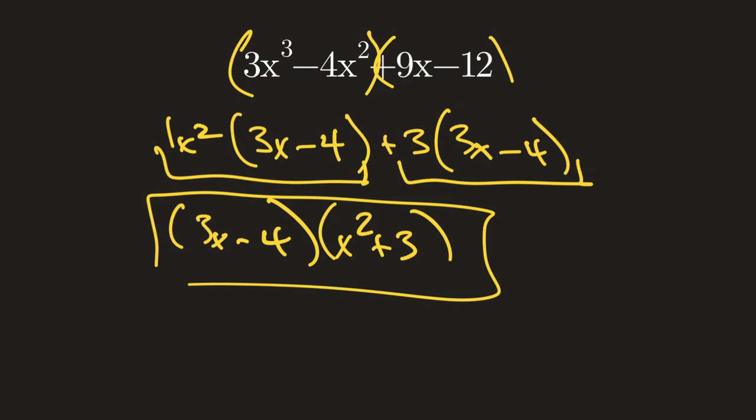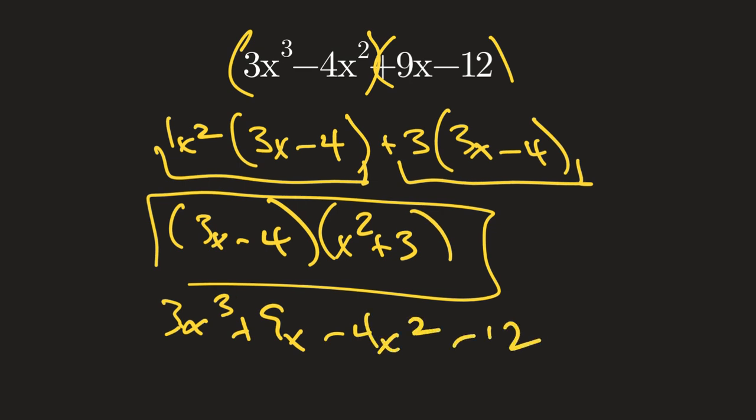Yes, if you wanted to redistribute that, that's what you're doing, right? If you redistribute those two binomials, we should get that original expression back. 3x times x squared would be 3x cubed. 3x times 3 would be 9x. Negative 4x squared. And negative 12.